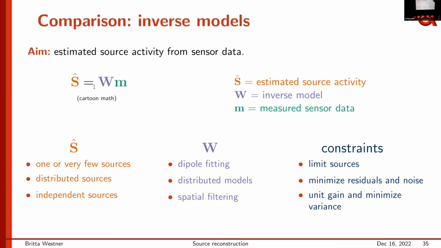We want to estimate way more sources than we have sensors to estimate them from. So for distributed models, we minimize the residuals and the noise. And for beamforming, we say that the spatial filter should have unit gain at the source we look at in that particular moment and minimize the variance across all other sources.